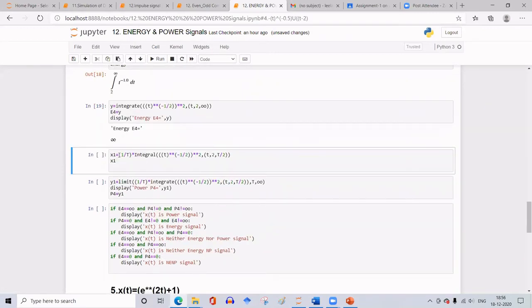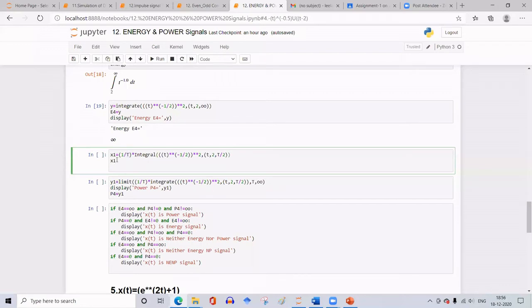Next, let me evaluate the power. Power is the integral of the same thing, divided by 2 capital T, but that limit I have to take after making capital T tend to infinity.